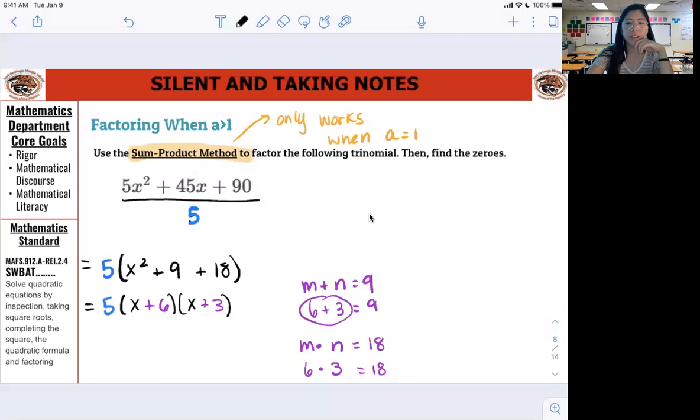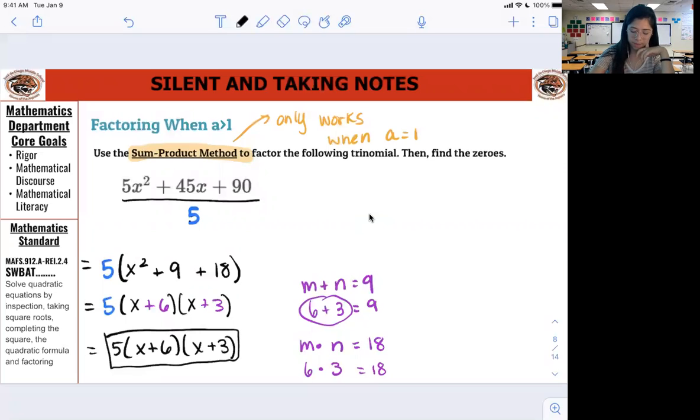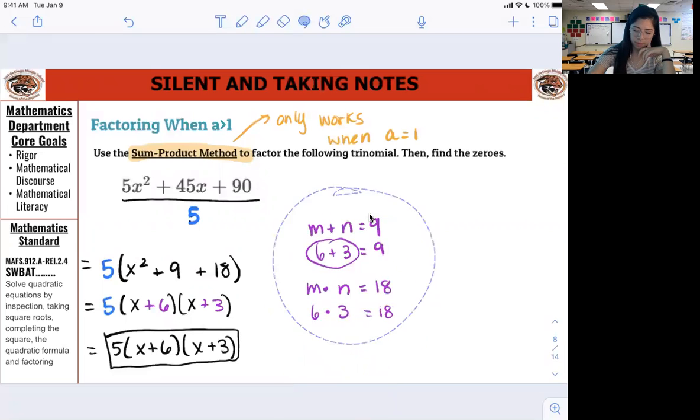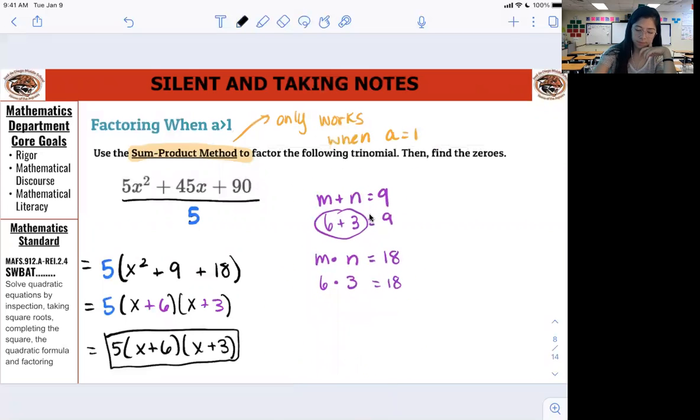Yeah, you would distribute it, exactly. So final answer, 5 times x plus 6 times x plus 3. What are my x-intercepts? -6 and -3.